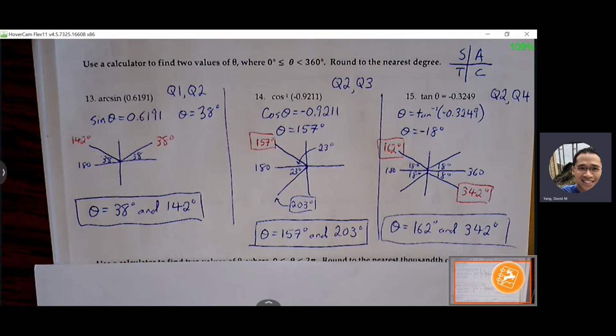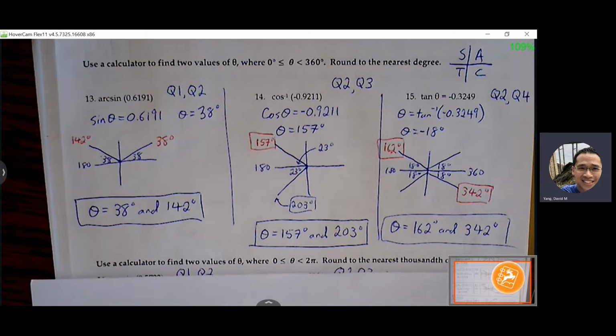Any questions 13 through 15? Okay, so the next set, make sure you go to your calculator and change your mode to radians. And now instead of working from 180 and 360, you're going to work from pi and 2 pi. Again, pay attention to number 17.